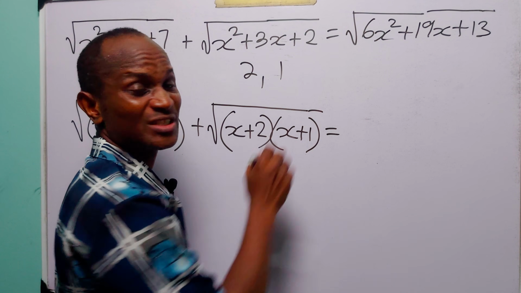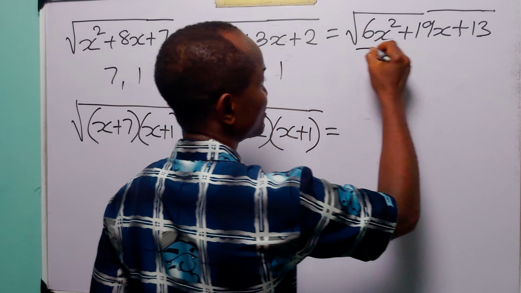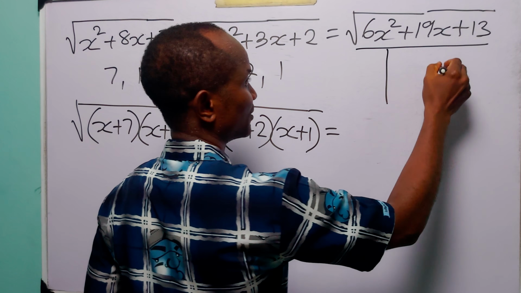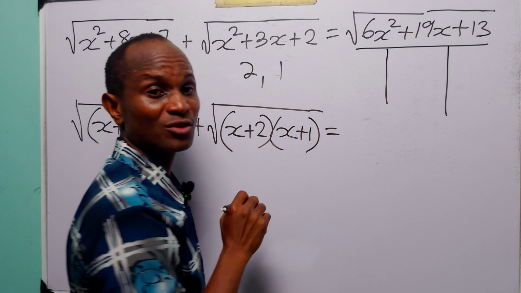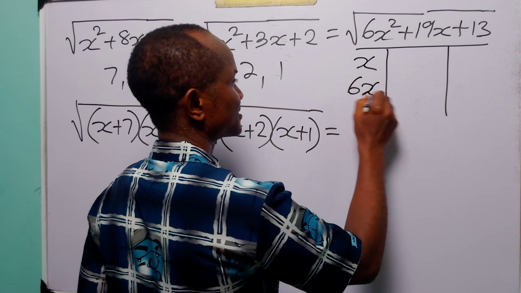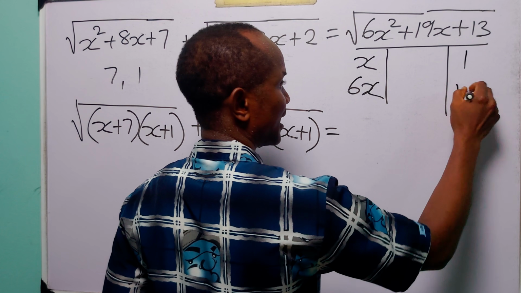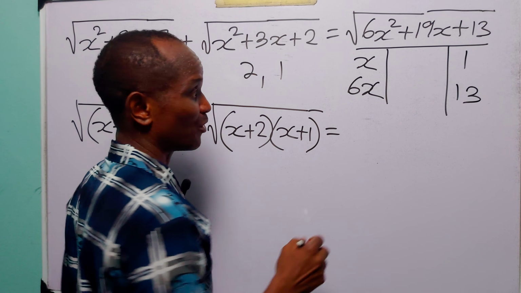Now, here the coefficient of x squared is not 1. So to factorize, let us use the table method. What are the factors of 6x squared? We have x and 6x. What are the factors of 13? We have 1 and 13. 13 is a prime number.